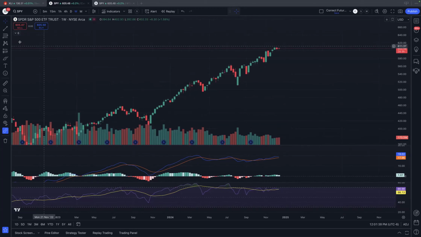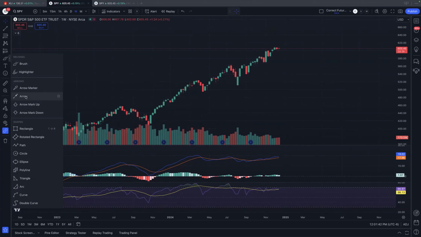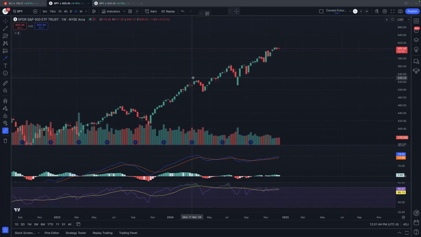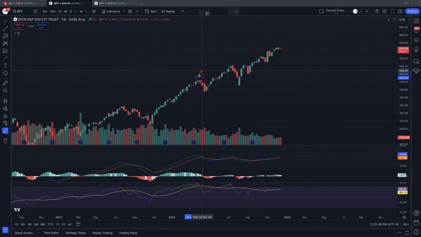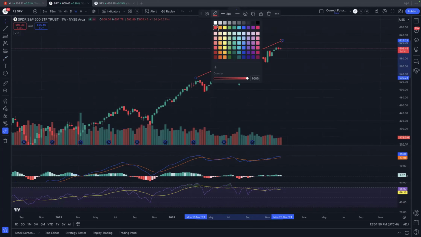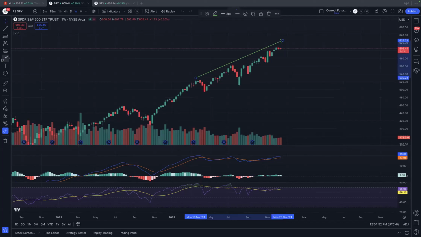However, let us mark off what price is doing in here. We see price is making higher highs. Cool. We see the momentum is making lower highs.